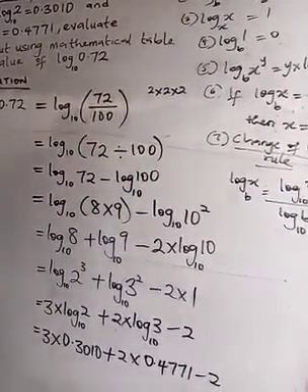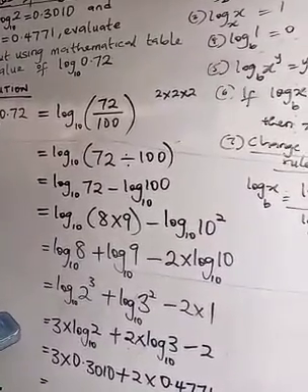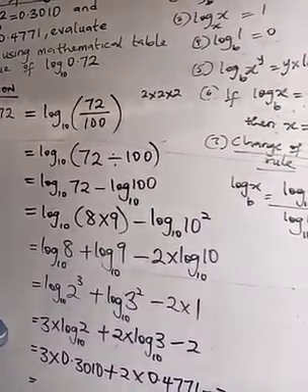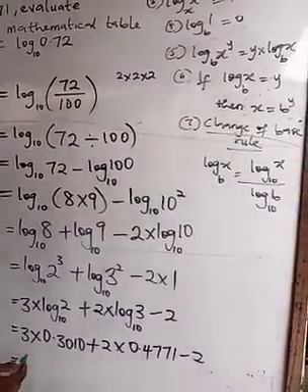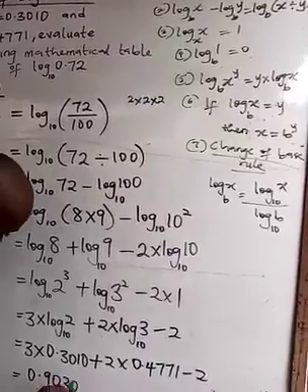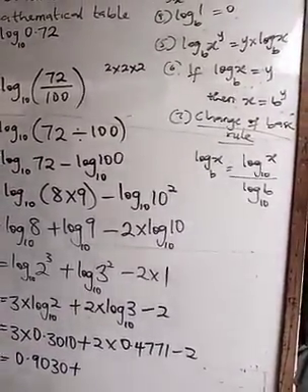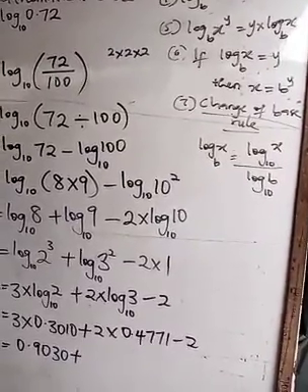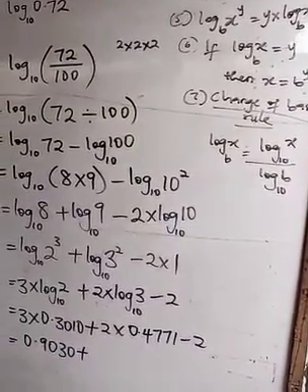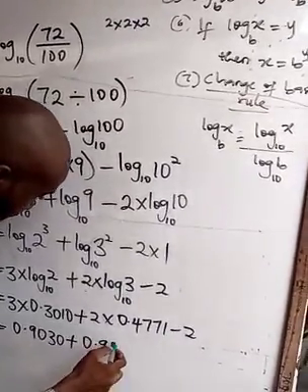So now let's finish this up. If you multiply this, I know what it should be, but I just want to confirm. So this is 0.9030 plus, if we multiply that, 2 times 0.4771, we get 0.9542.